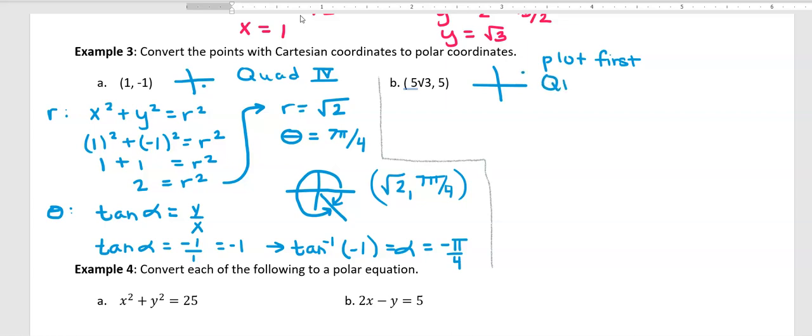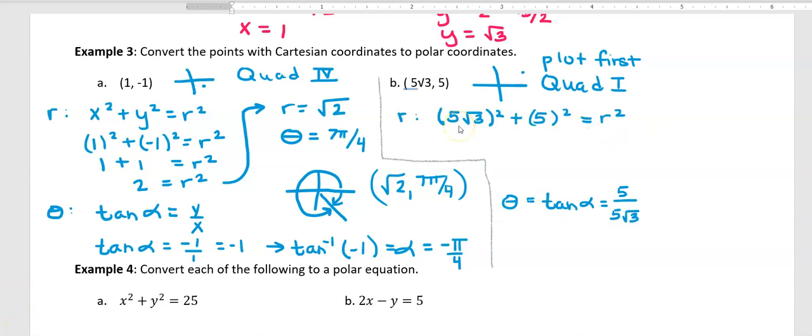So we're going to write quadrant 1 as a reminder to ourselves so that when we get our final r and theta, we know that we're using the proper r and angle measurements. Okay, so using the same ideas as we did before, we're going to need to use the Pythagorean theorem and the tangent to determine our r and theta.